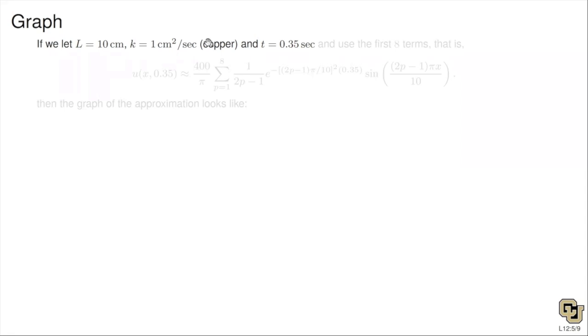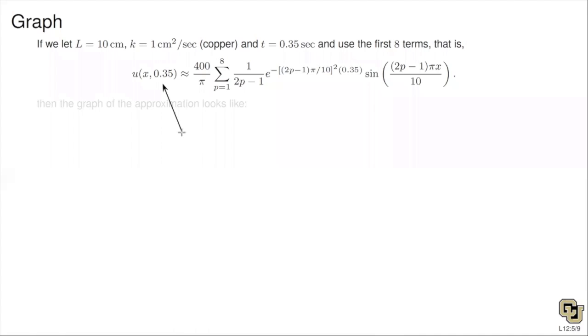So here, I wanted to graph it at very small t values, t slightly larger than 0. Okay, so this is at 0.35 seconds, and I use the first 8 terms. Obviously, I can't use all the terms. So here I'm using this approximation where I've plugged in 0.35 for t.